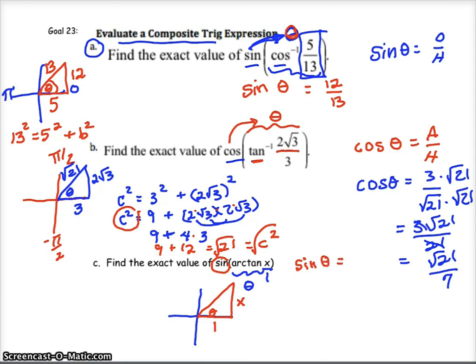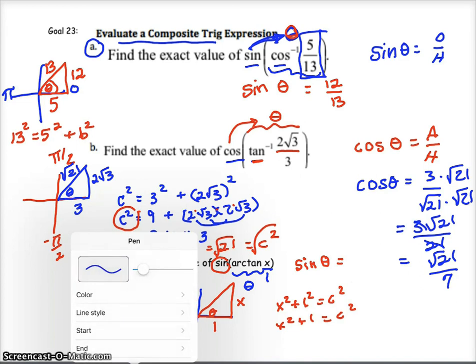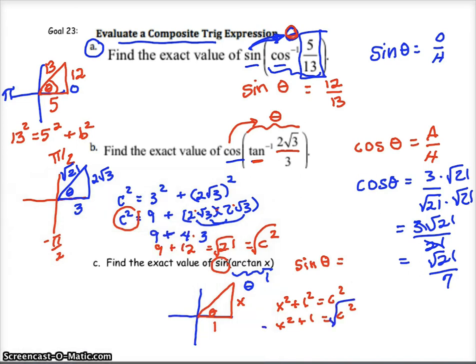So as usual, we will use the Pythagorean theorem, a squared plus b squared equals c squared. So c squared is equivalent to x squared plus 1, and then to solve for c, we simply take the square root of both sides. X squared plus 1 is not a perfect square binomial, so we cannot take the square root of that. It's prime, so our hypotenuse is the square root of x squared plus 1.